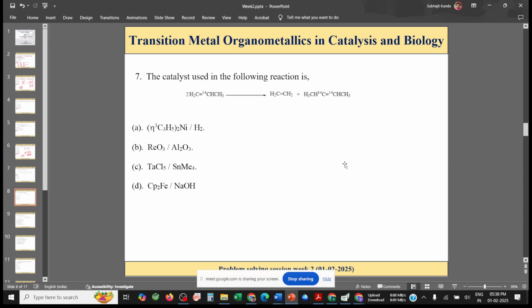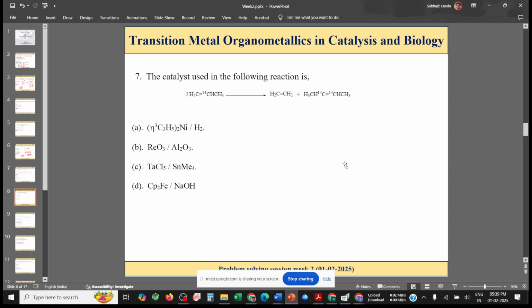So if you have 3 correct options and you marked only 1 or only 2, it will not be considered a wrong answer, it will be given partial marking.